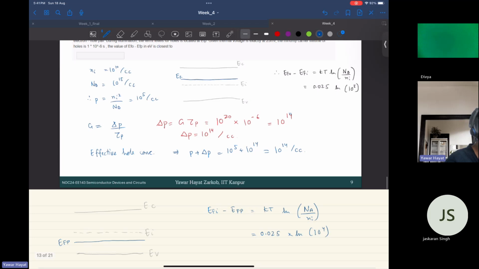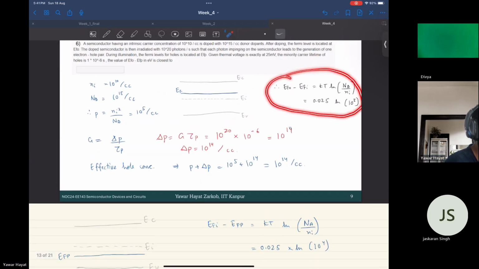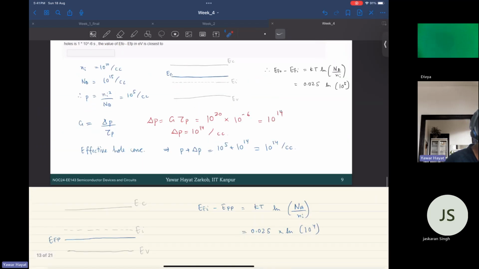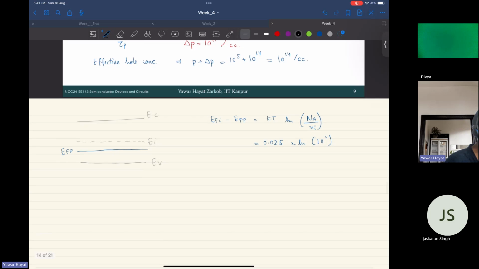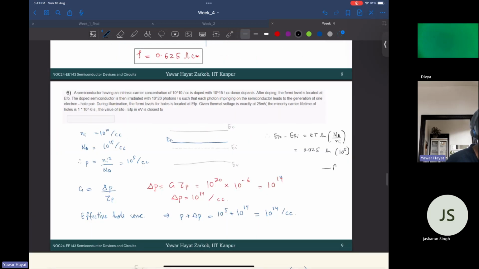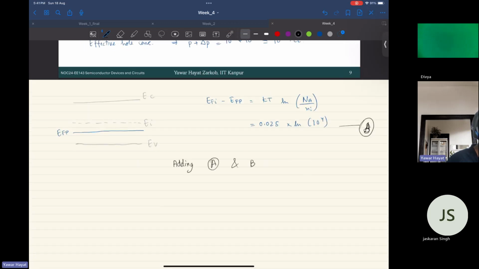So now what I'll do is I'll add the two equations. I guess I should write this as B and this as A. Adding A and B, when I add this and this, on the left hand side your EFI and EFI would go.